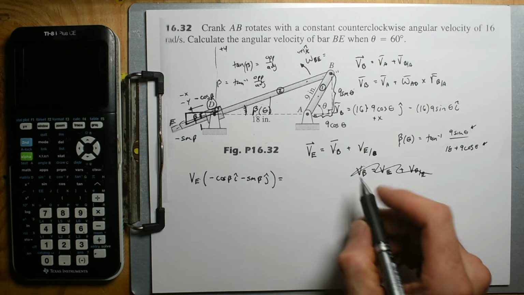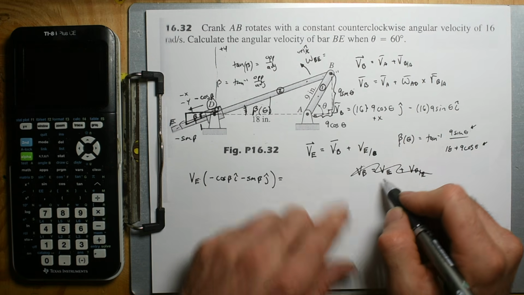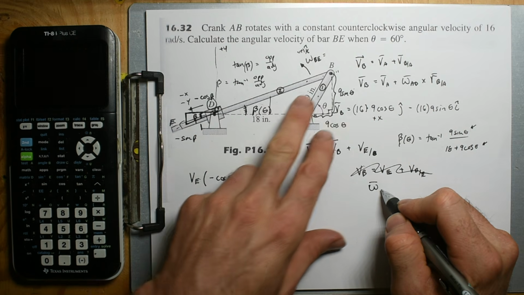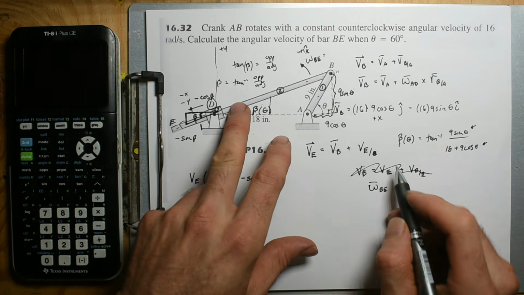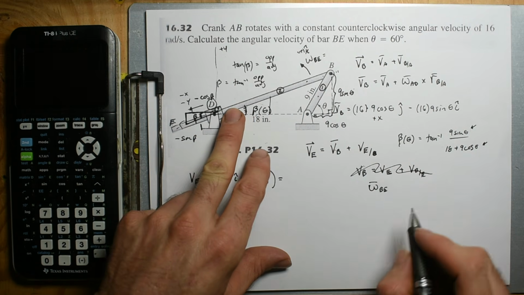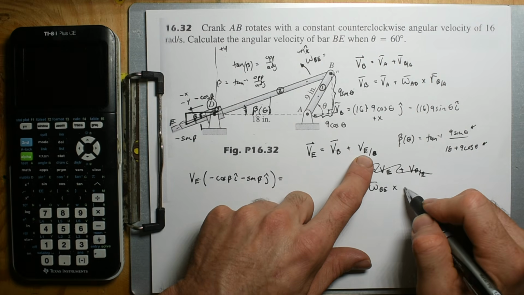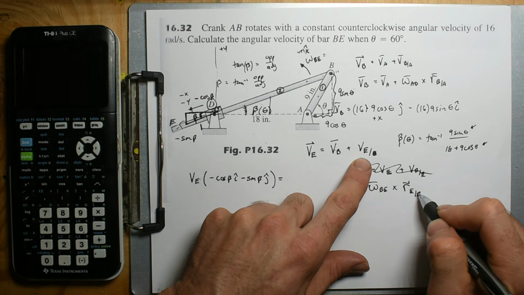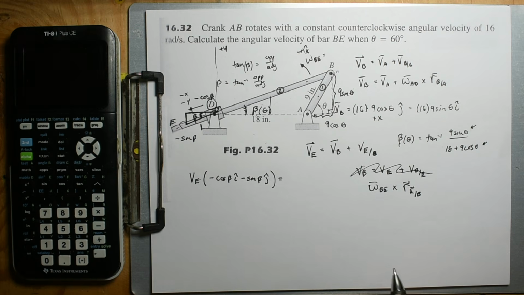We'll do this though. So this term right here is going to be omega BE, the angular speed of that bar, crossed with EB.